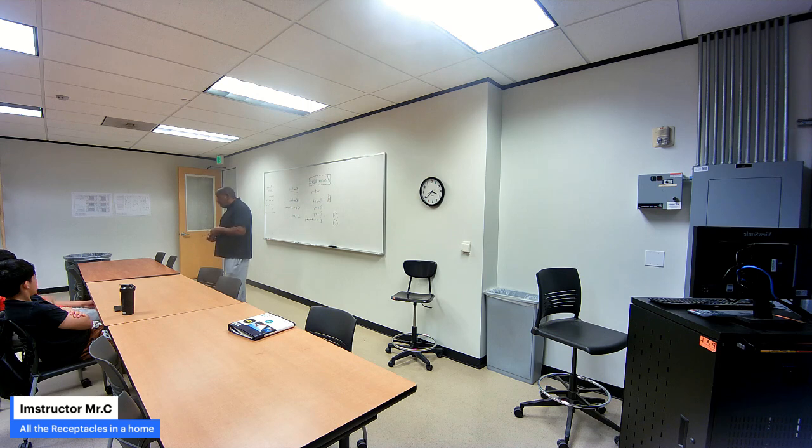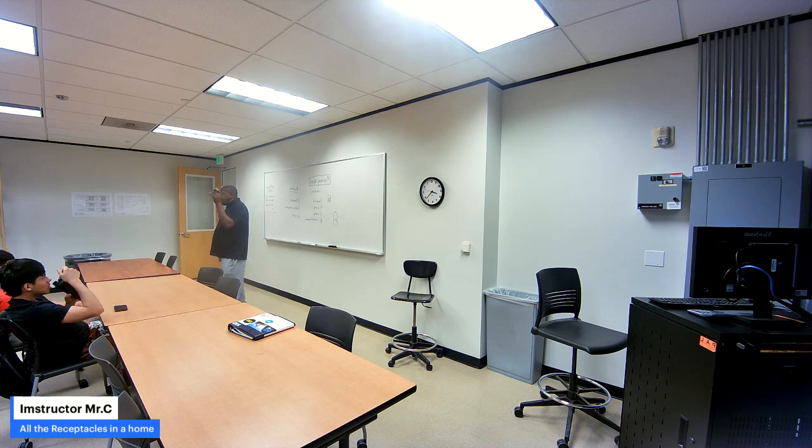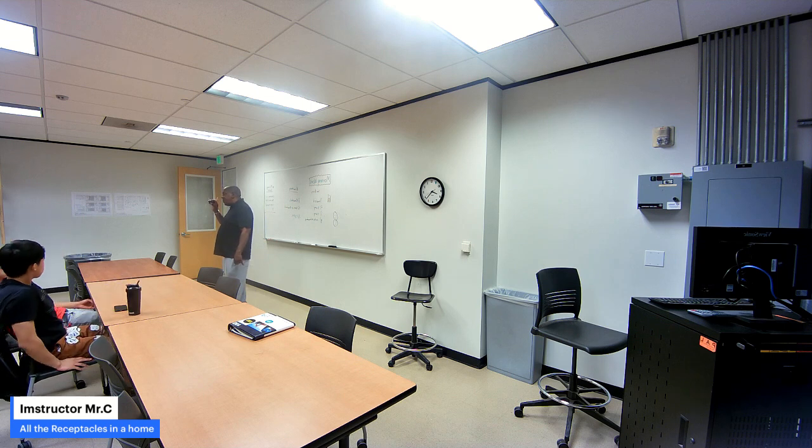One has two hots, a neutral and a ground, and one has two hots and a neutral with no ground. Right? They don't use these no more. These are in old homes. But they used it. If you see this in an old house, you have to interchange it with one of these, but if you can, upgrade it.